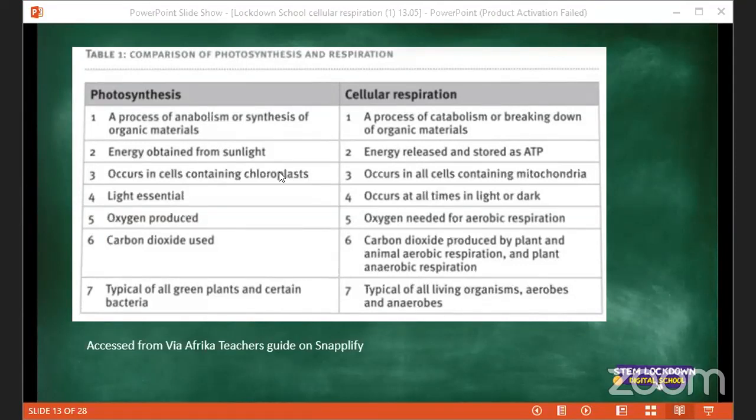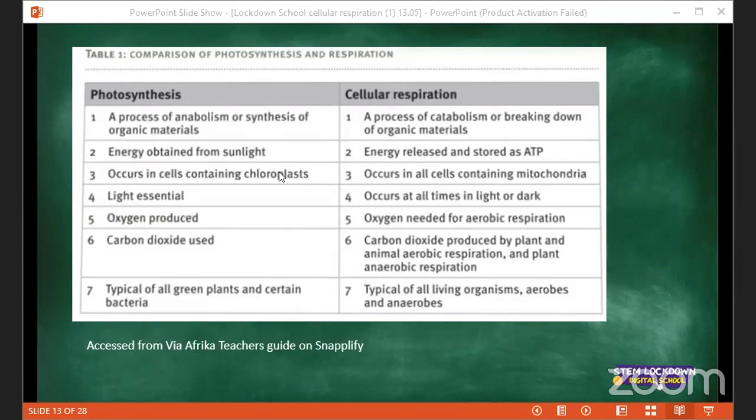Because if we remember correctly, photosynthesis produces glucose, right? And those tend to be the products, right? So now let us look at the comparison between photosynthesis and respiration.